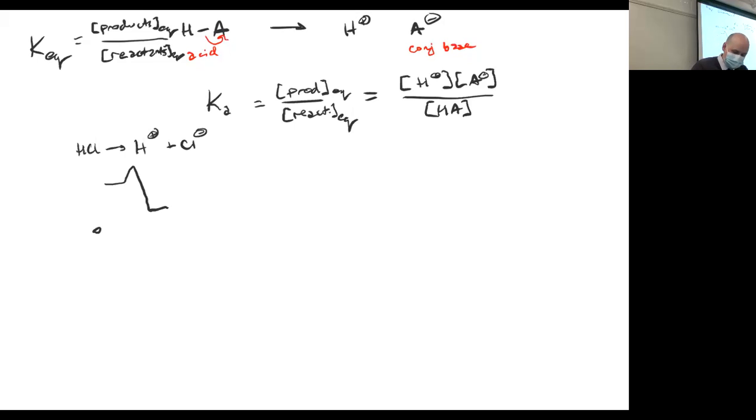Exactly. So the equilibria favors products, and therefore, at equilibria, you would have more products than reactants. So your Ka would be relatively equal to 1, greater than 1, or less than 1? You got more products.